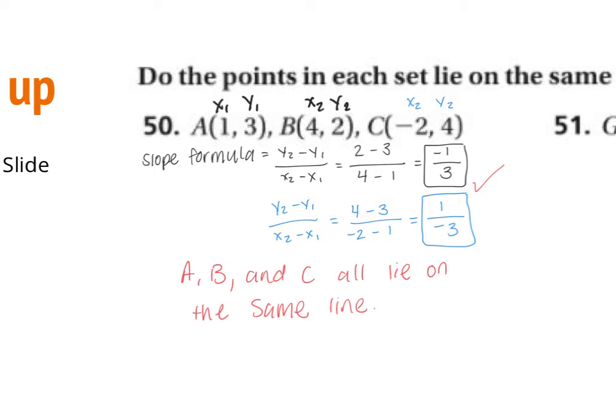If you graphed them, you would also see that your slope would be negative 1/3 and your line would go through all 3 of those points. Who graphed it? Okay.